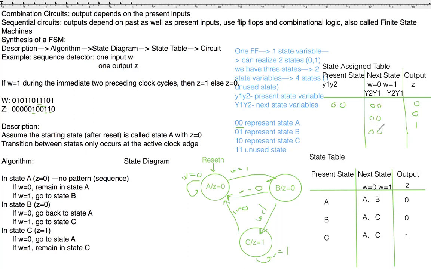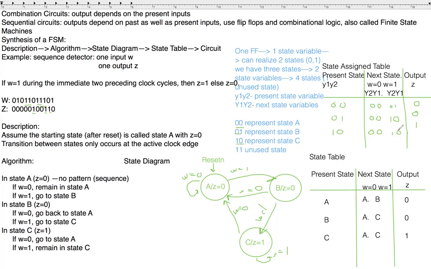And then for our B, we're going to have 0 1. And so that's going to be 0 1, 0 1. And then for C, it's going to be 1 0. So 1 0, 1 0, and 1 0.